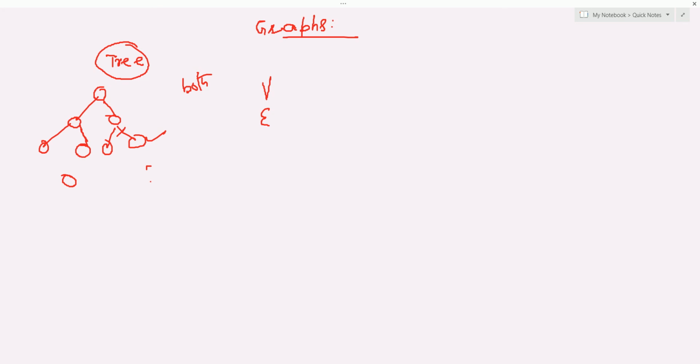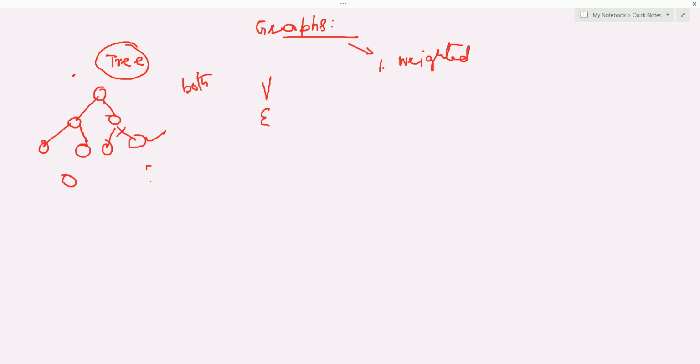A graph can have a lot of types. A graph can be weighted, meaning you have a graph. For example, this is a path, this is an edge.